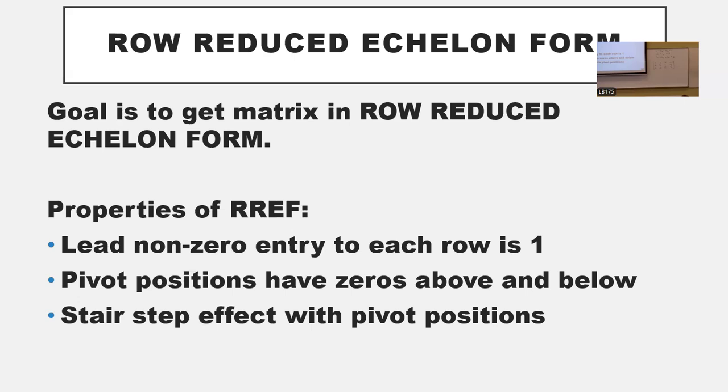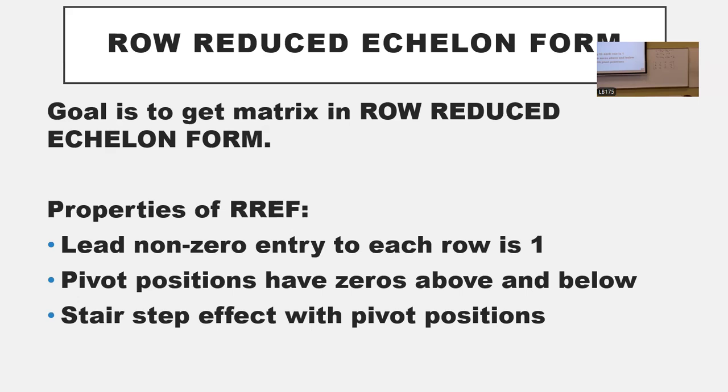And lastly, we'll have a stair-step effect with the pivot positions. The first pivot position will be in the upper left corner, and then we'll go down and to the right and down and to the right to get to our next pivot positions. We'll always move down and to the right to get to our next pivot positions.